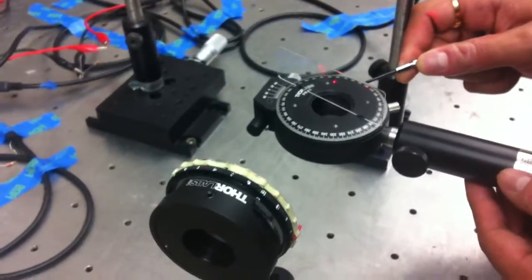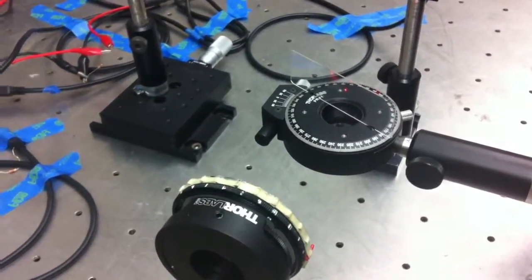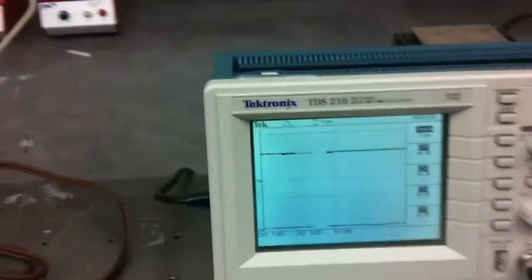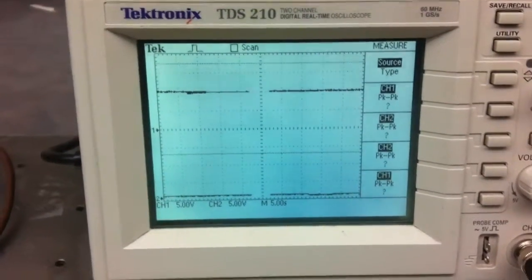So we now go over to 20 degrees. It's still at 10 volts. It went up and went down, so it'll be something close to 10 volts again.